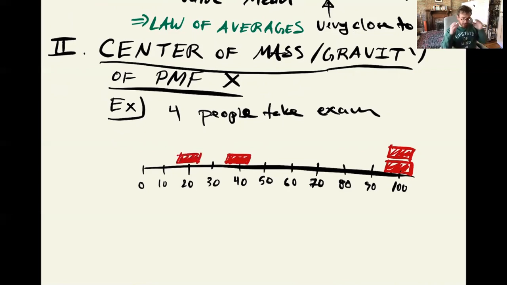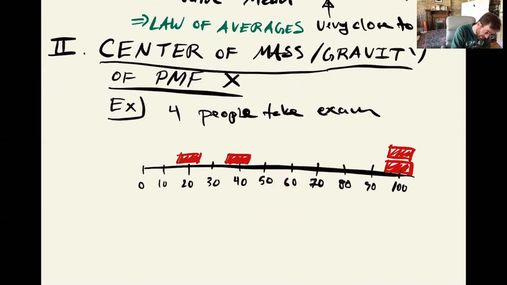Now just imagine that my real line, or my axis of possibilities, is like a plank of wood, and I've got these big sacks of sand indicating what percent of the class performed there. And then ask, where would I put my finger, my fulcrum, on this plank of wood to get it to balance? How would this distribution balance?